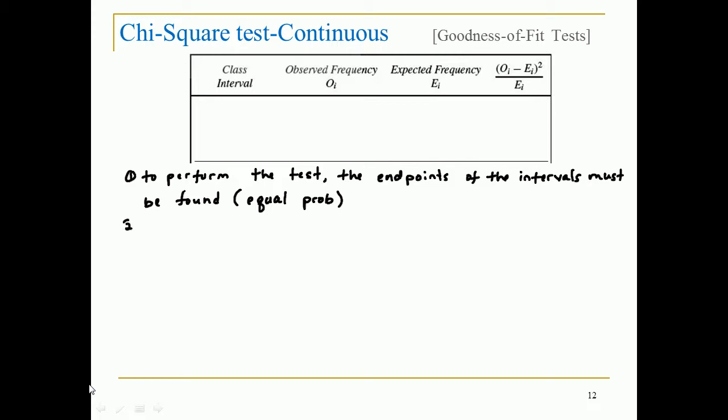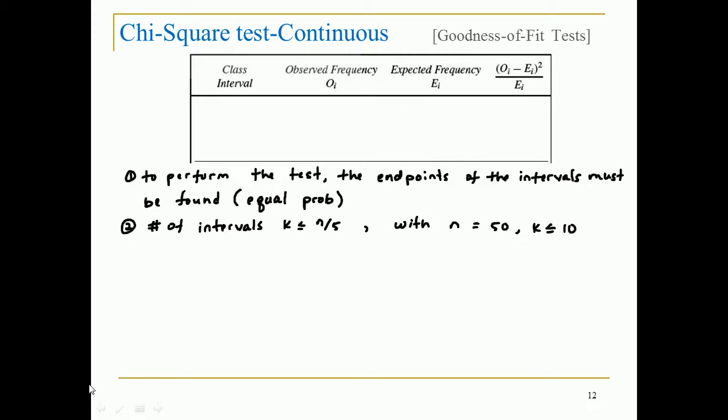The number of intervals k should be less than or equal to n over 5, and with n equals 50, k should be less than or equal to 10.